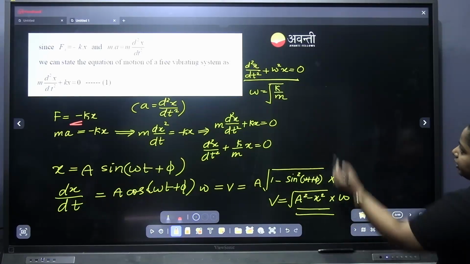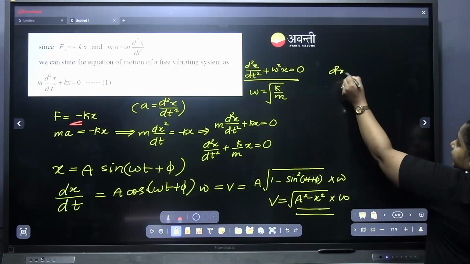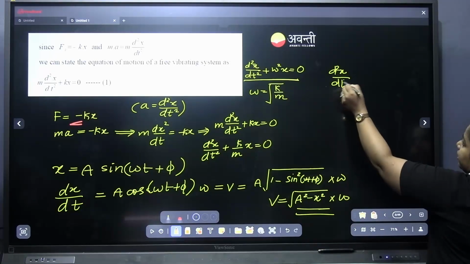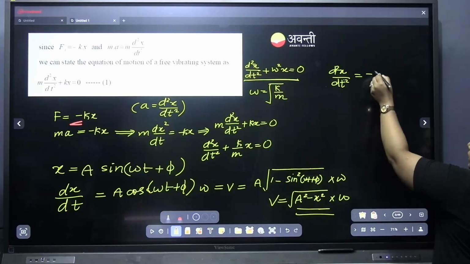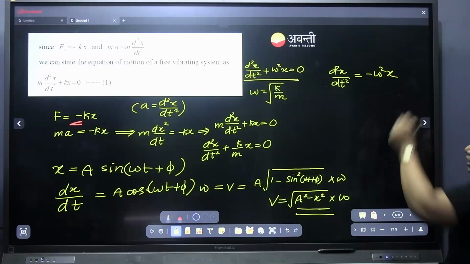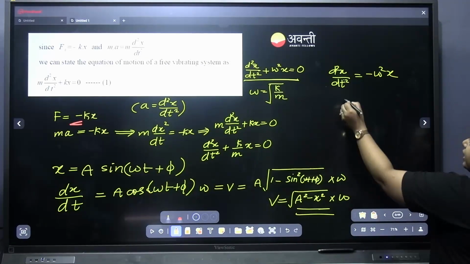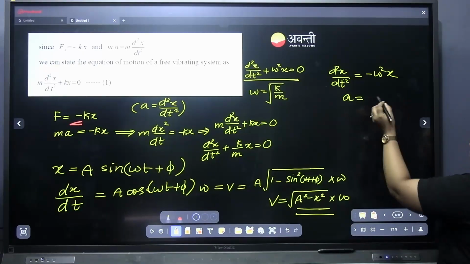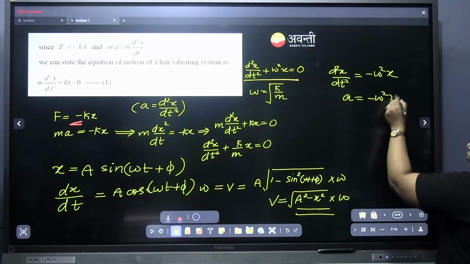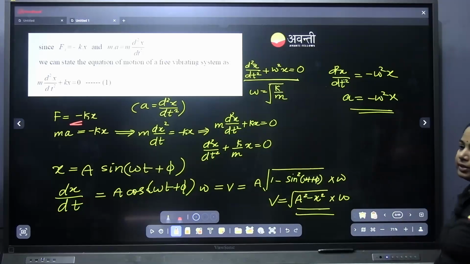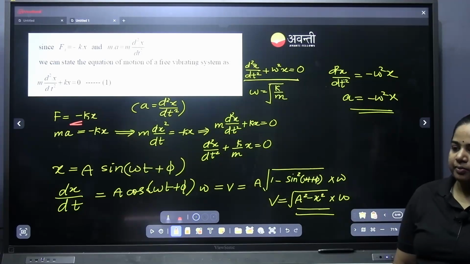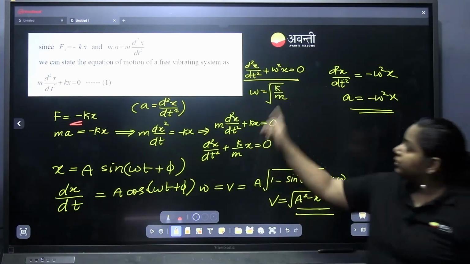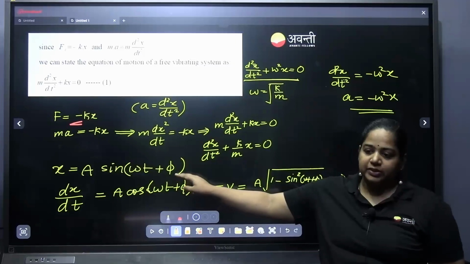Similarly, if you find d square x by dt square, from here only you will get minus omega square x. This will be the acceleration of SHM, minus omega square x. Is there any doubt? We are assuming the solution for this differential equation.